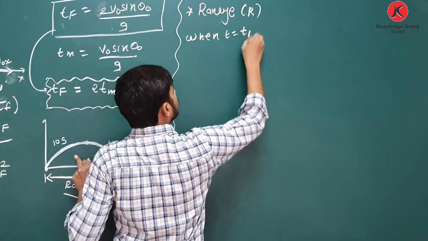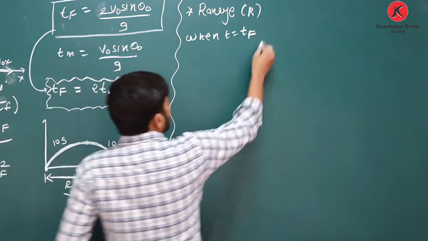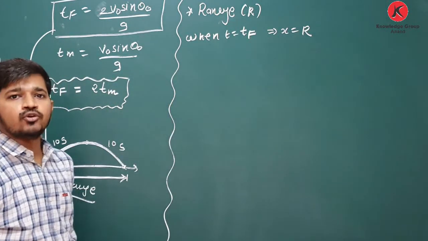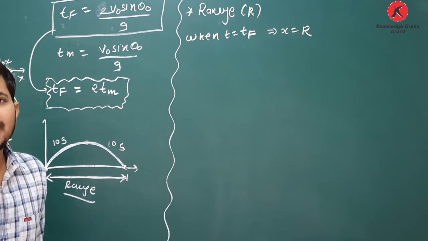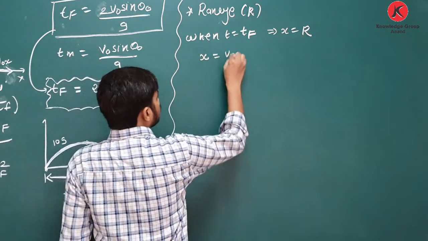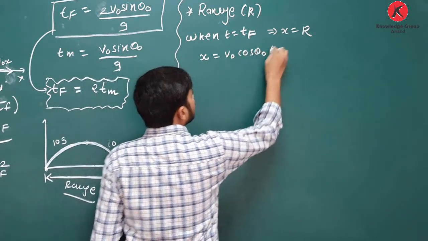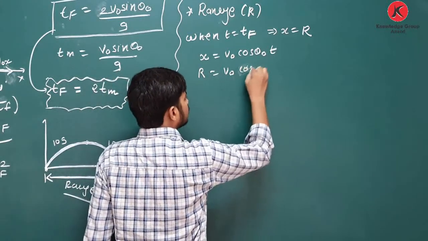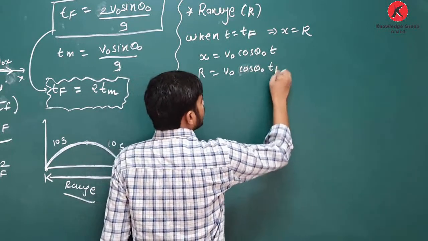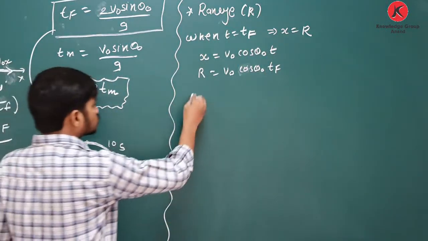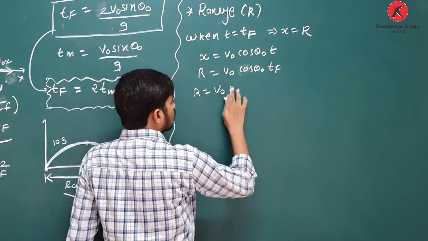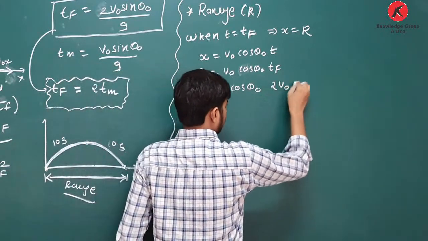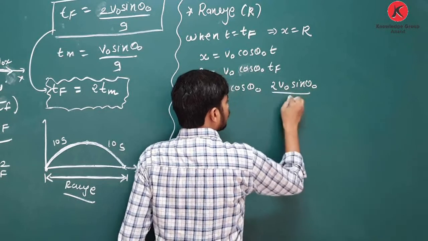When t is equal to Tf, at that time x is equal to R. So in the equation of x, what is the equation of x? x is equal to v0 cos theta 0 t. x is replaced by R, and t is replaced by Tf. Clear about this? So R is equal to v0 cos theta 0. What is the value of Tf? Tf is equal to 2 v0 sin theta 0 upon g.